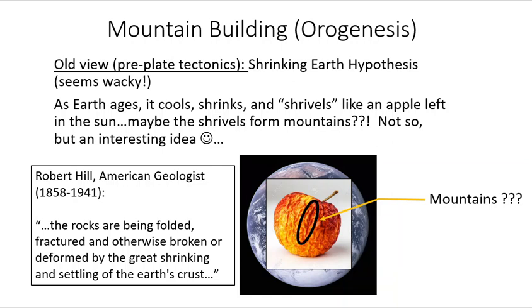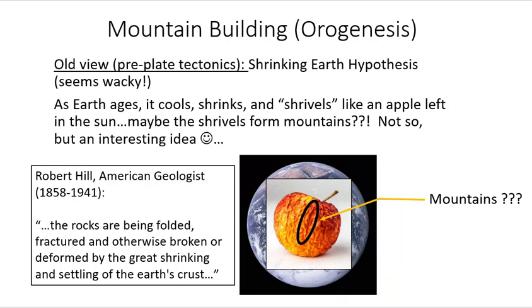Then again, these ideas, such as the shrinking Earth hypothesis, were developed before plate tectonic theory arrived on the scene. And so it was really only in light of later research, thanks to plate tectonic theory, that geoscientists were able to disprove some of these earlier ideas, like the shrinking Earth hypothesis.